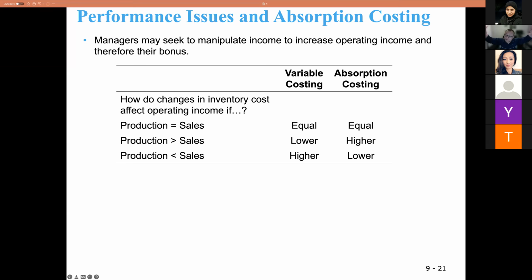So at the end of the year, I'll have a very large balance of ending inventory, and that ending inventory will absorb a large portion of the fixed manufacturing overhead cost. So the amount of cost that goes into my income statement is low, and if the cost is low, then my income is bigger. That's how I can bump up my income.